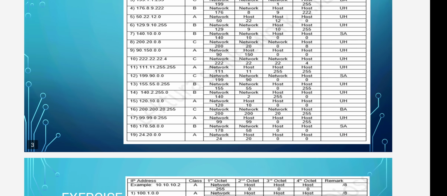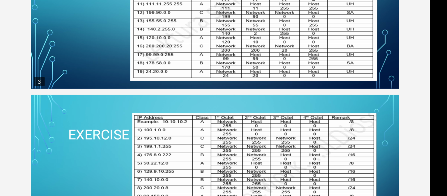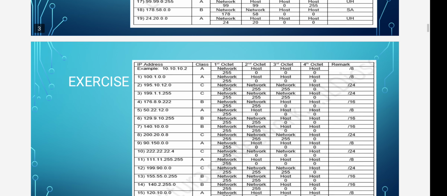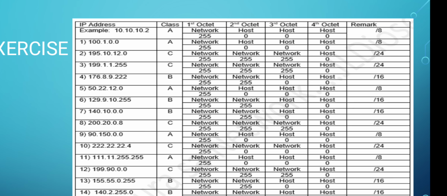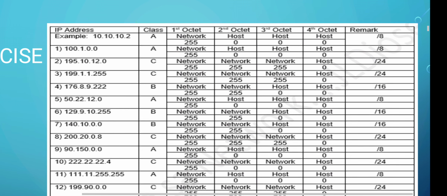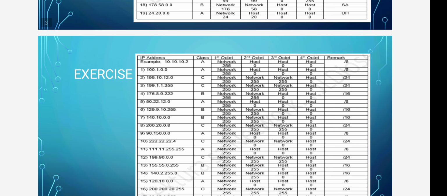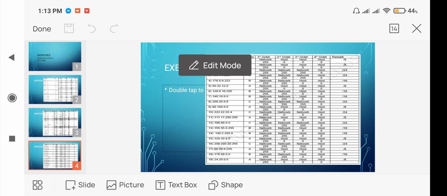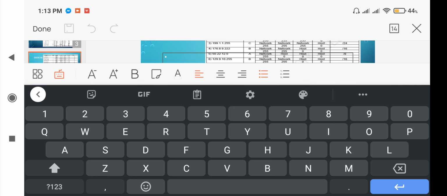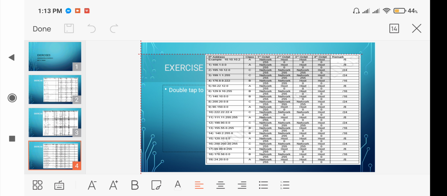Next, as we go to exercise 3, finding the default mask of an IP address.